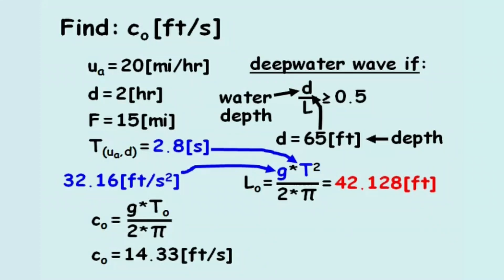And 65 feet divided by 42.128 feet is greater than 0.5. This confirms that the values we previously used for T0 and C0 are both legitimate, and C0 still equals 14.33 feet per second.